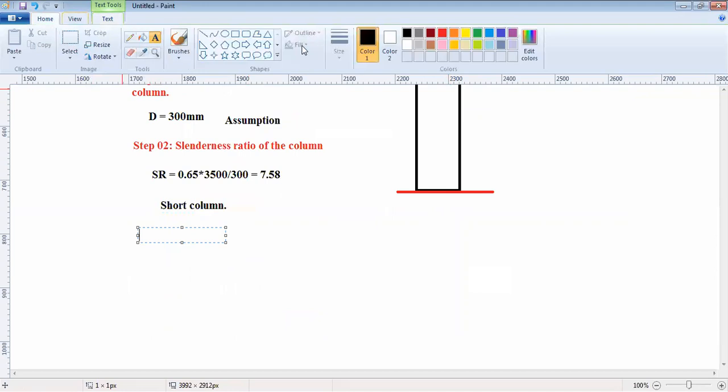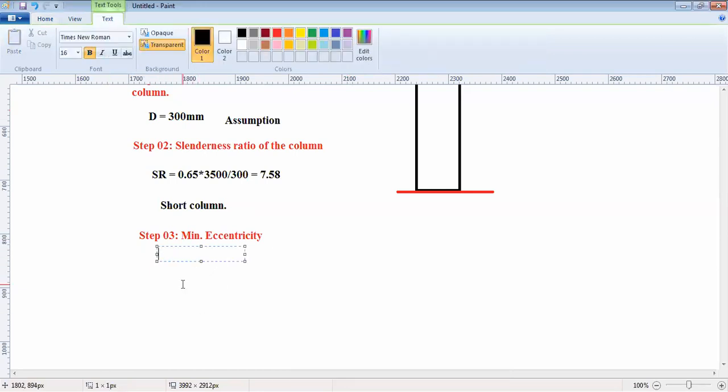Now going to step number 3, we determine the minimum eccentricity for this column. And that minimum eccentricity is L by 500 plus D by 30.